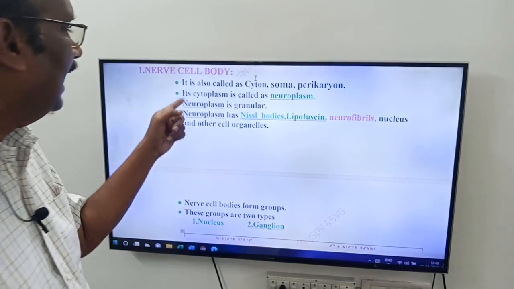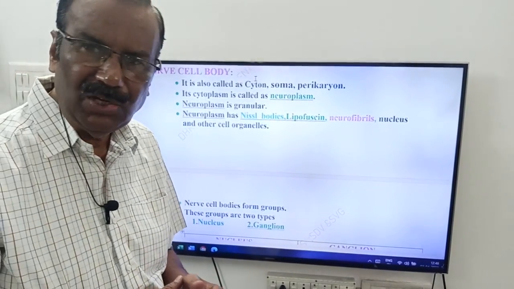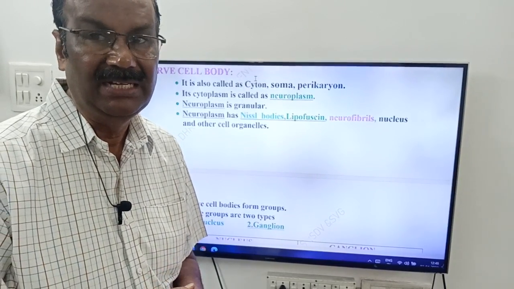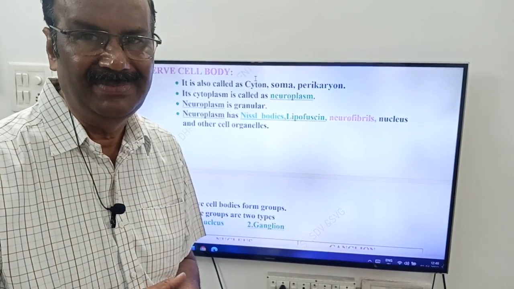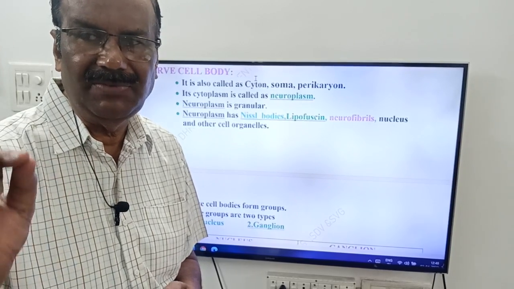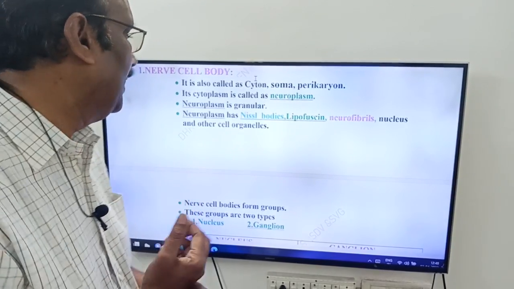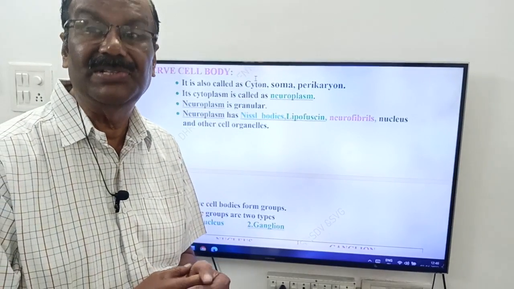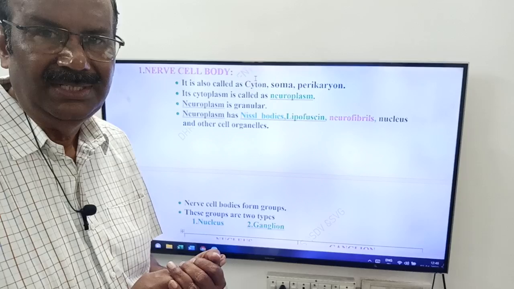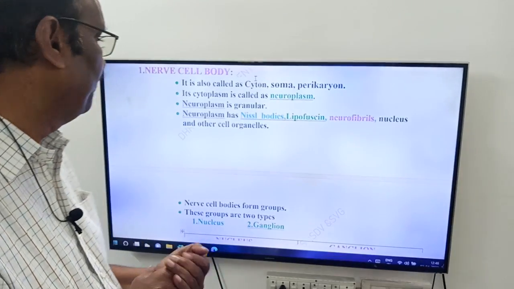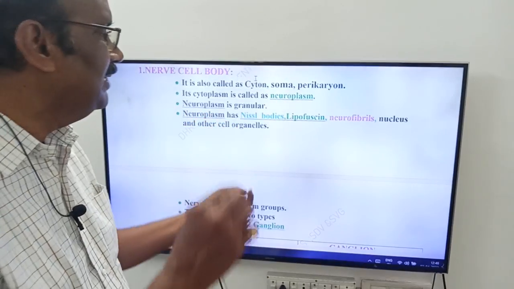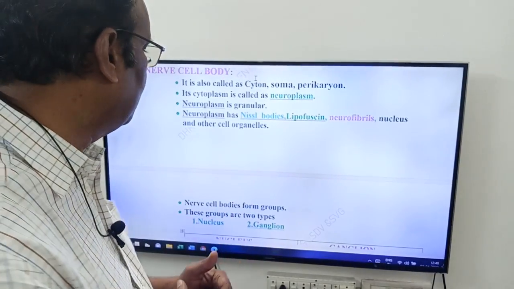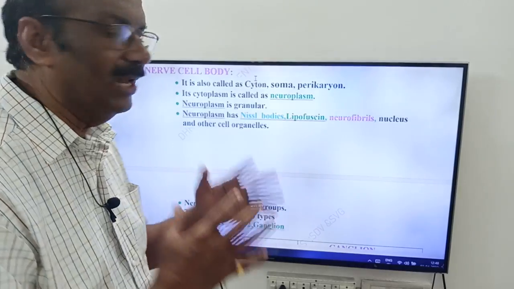It has cytoplasm. The cytoplasm of the nerve cell body is called neuroplasm. This neuroplasm has granules, so it is granular neuroplasm. Neuroplasm has Nissl's bodies, lipofuscin, neurofibrils, nucleus and other cell organelles.